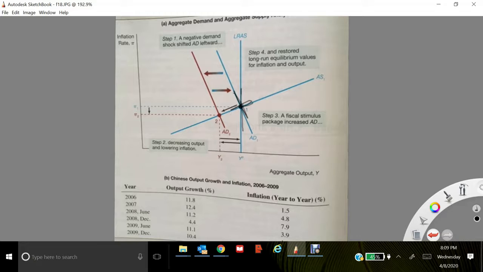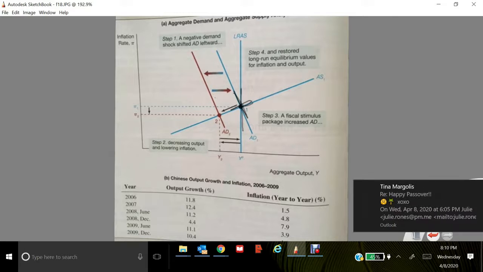Income in the U.S. and other countries fell a lot. Unemployment increased up to 10%. Consumption fell. Our demand for exports fell. Okay?